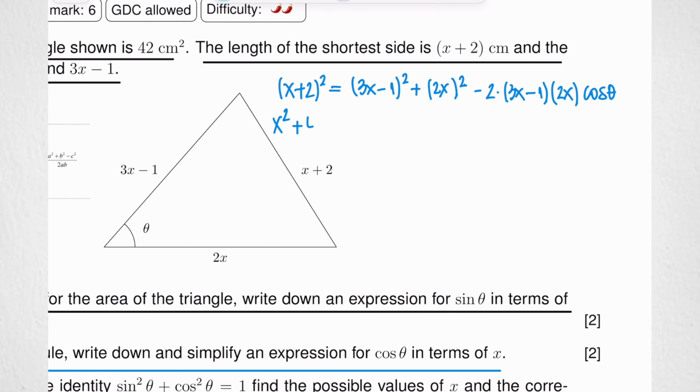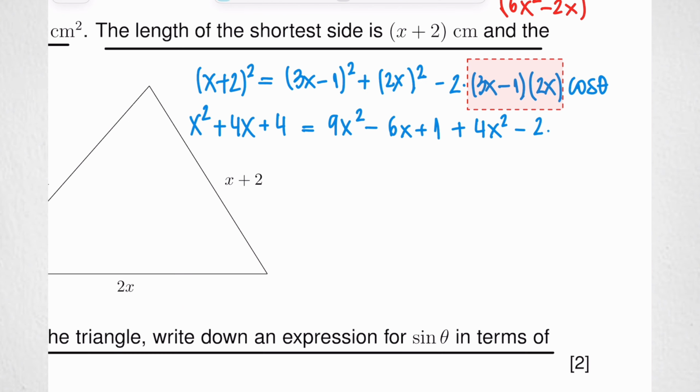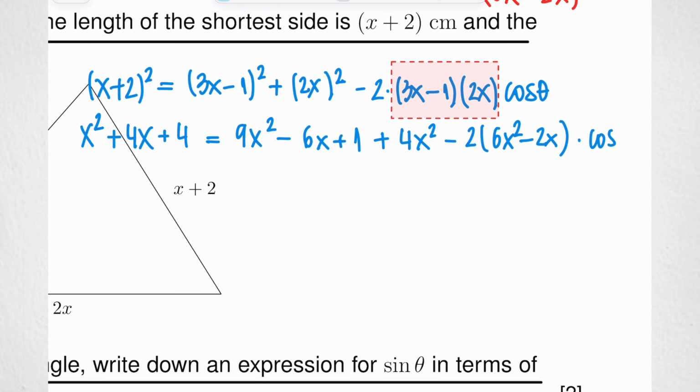So we have x squared plus 4x plus 4 equal to 9x squared minus 6x plus 1 plus 4x squared. And by writing (3x minus 1) times 2x as 6x squared minus 2x, we get negative 2 times (6x squared minus 2x), all of this times cosine of theta.